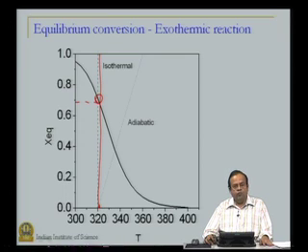So, if we have an exothermic reaction and we do not add or remove any heat, there will be a natural tendency for temperatures to go up as the reaction proceeds.